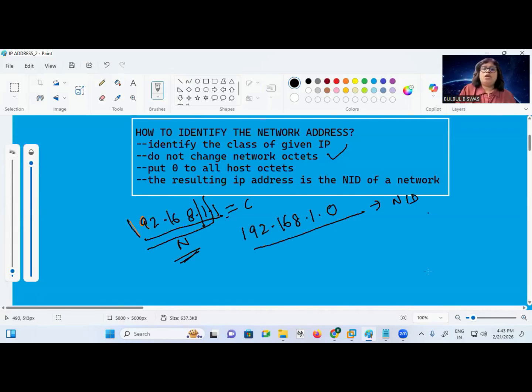Like if I have an IP address like 10.1.1.1, which class? Class A. Only the first octet is network, the remaining 3 are host. So what will be the NID of this? 10.0.0.0. Am I clear? So whenever we get an IP address, this is the first task, to identify the network.